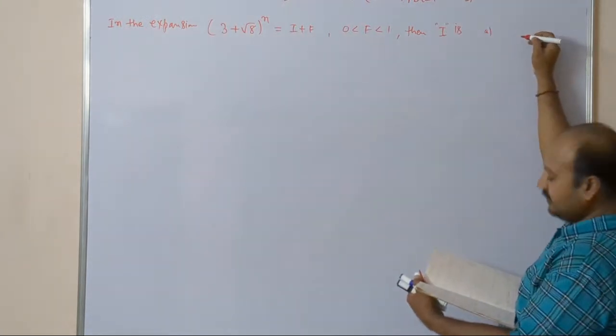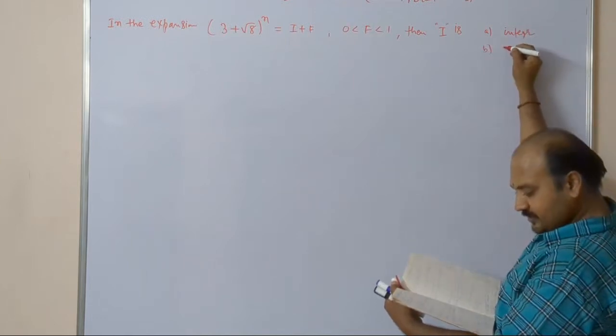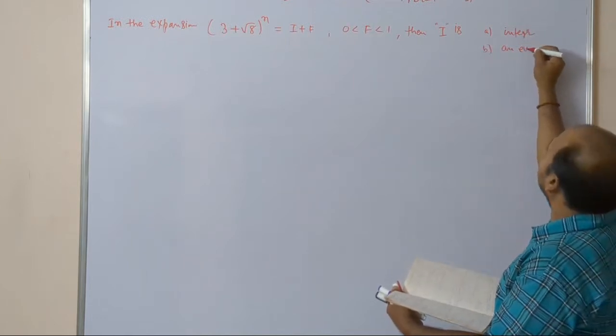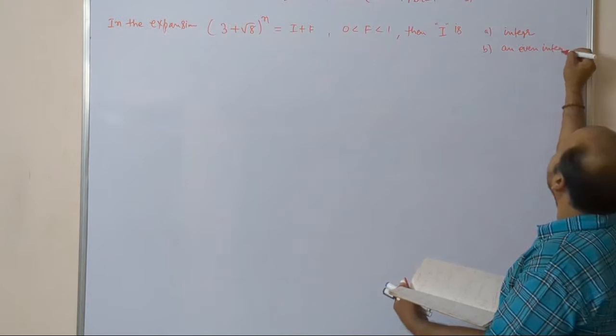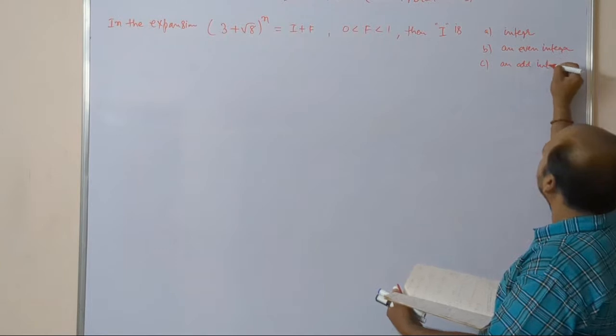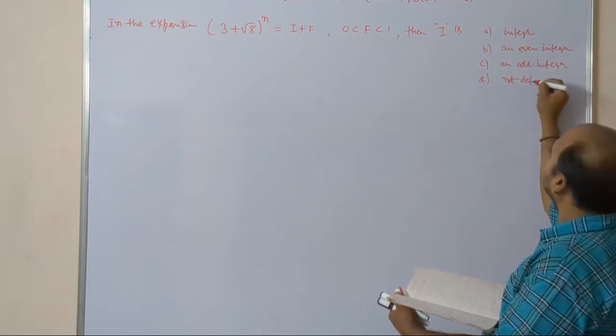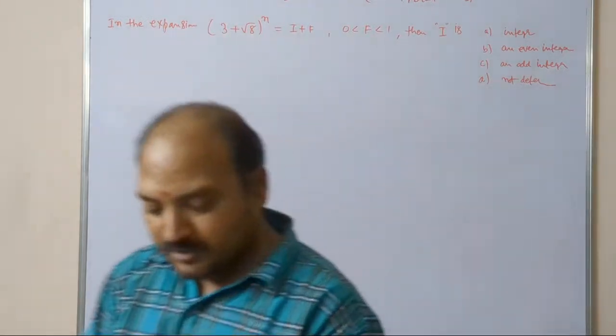First option integer, second one an even integer, third an odd integer, fourth one is not determined.